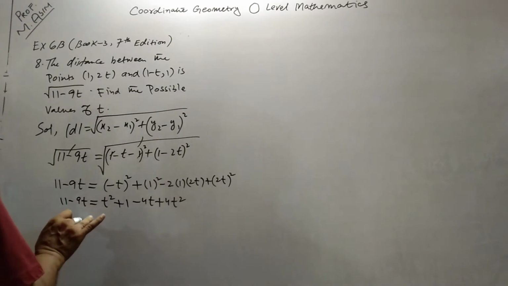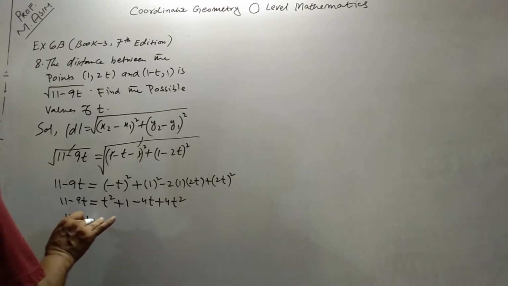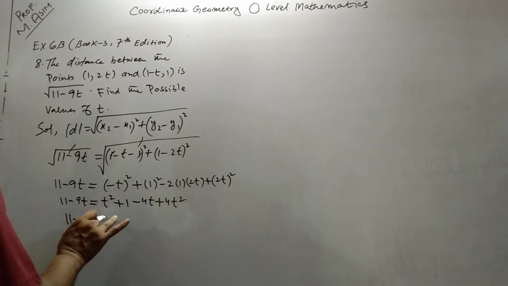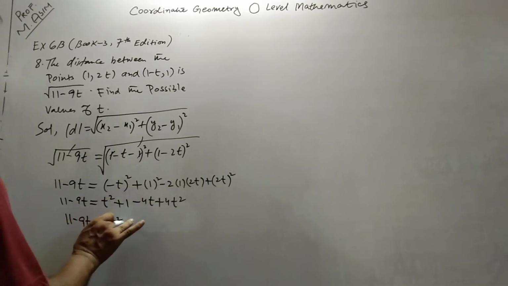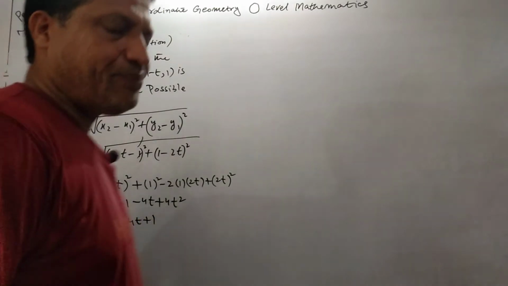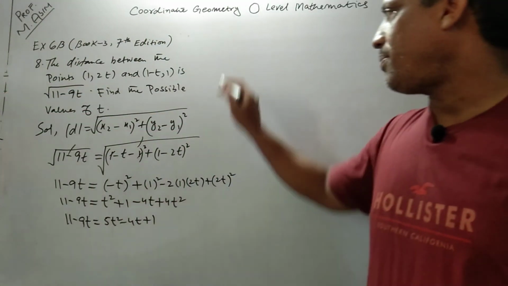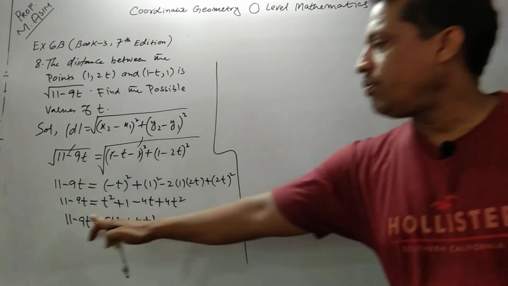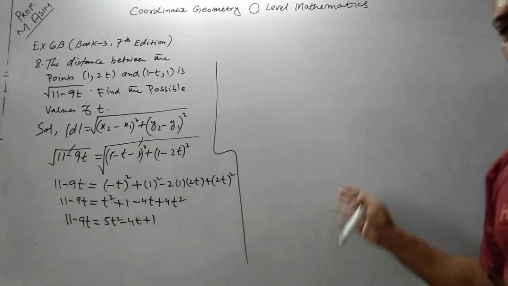So 11 minus 9t is equal to 1t square plus 4t square is 5t square minus 4t plus 1. See, next step, move 11 minus 9t on the other side.